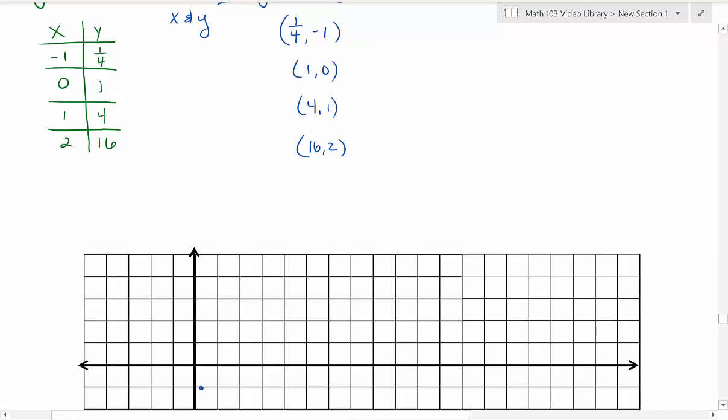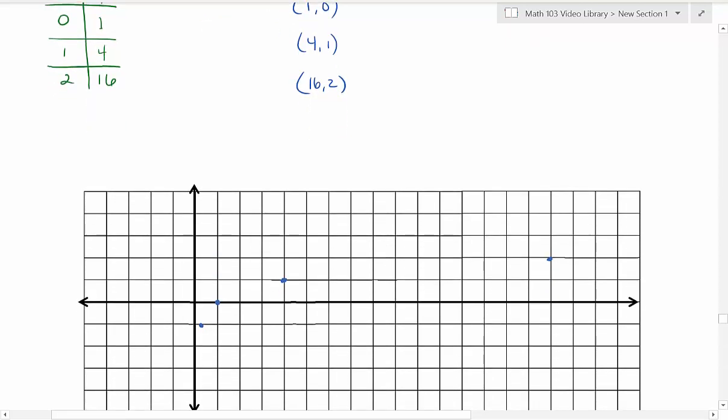1/4, -1, 1, 0, 4, 1, and 16, 2. All of our parent logarithmic functions have a vertical asymptote on the y-axis.